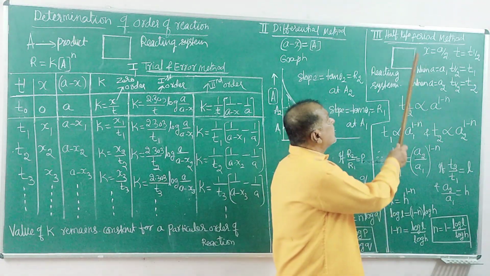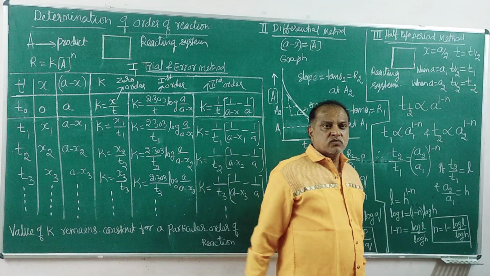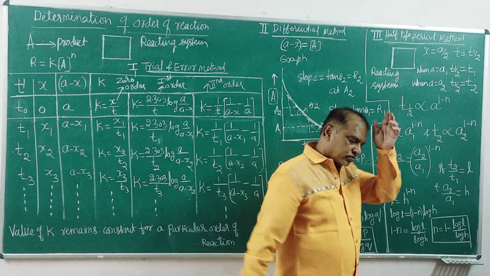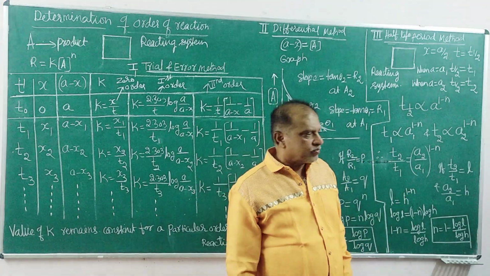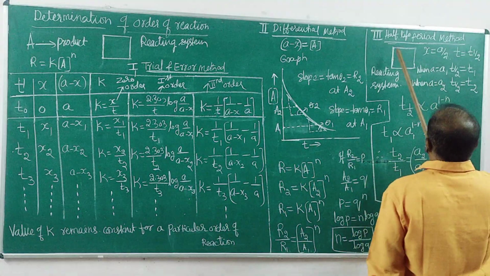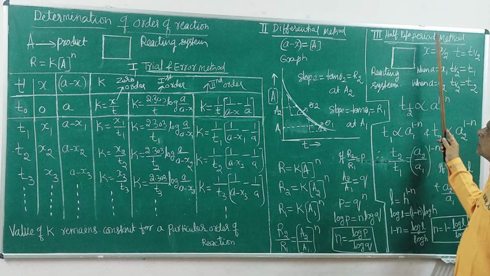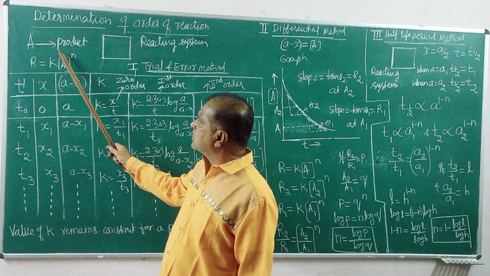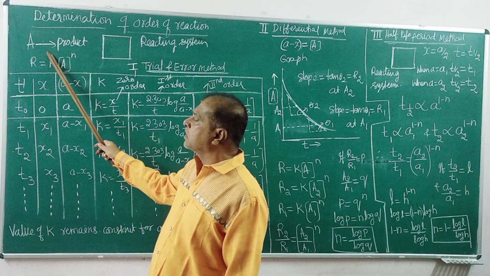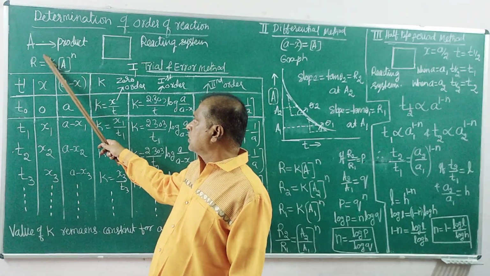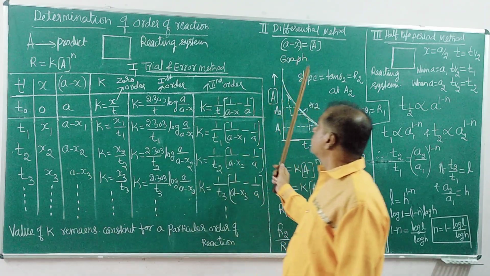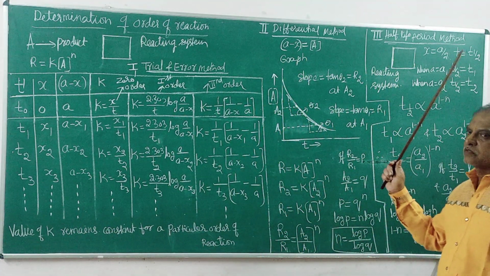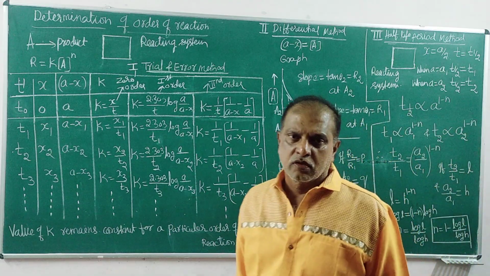This is the half-life measurement, determined experimentally. These methods are applicable only for a simple reacting system like this: trial and error, the differential method, and the half-life period method. The concept is this evaluation. Thank you. We shall continue.